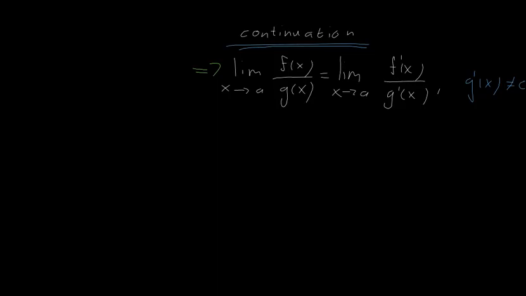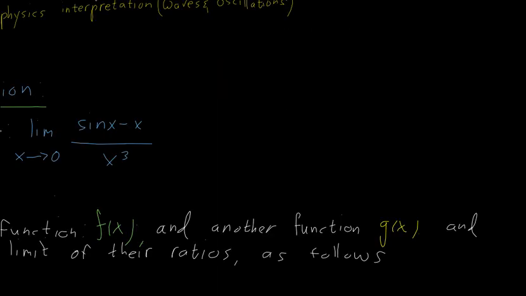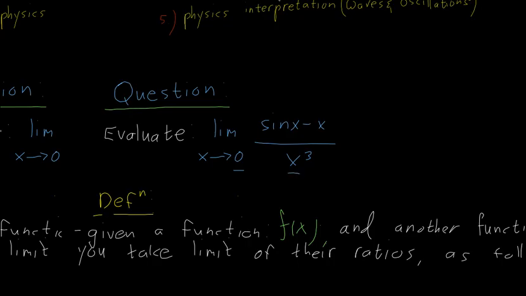So what do I mean by that? If you look at our example, sine x minus x over x cubed, if I plug in right away x goes to 0, I get 0 in the denominator. That's indeterminate. I can't allow that to happen.